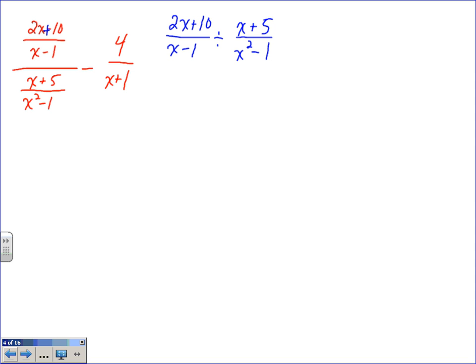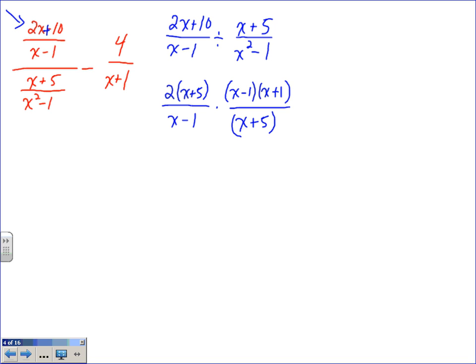Simplify that first term first. And I'm going to rewrite now and make it into a multiplication problem. Times the reciprocal, x minus 1, x plus 1. I'll put that on top over the x plus 5. And all I'm doing is taking care of this first term.